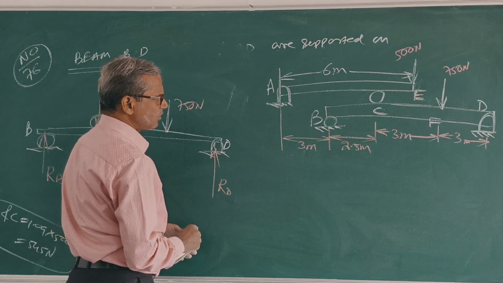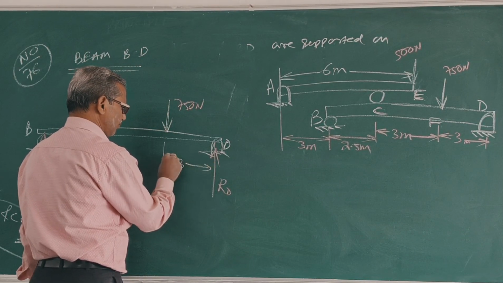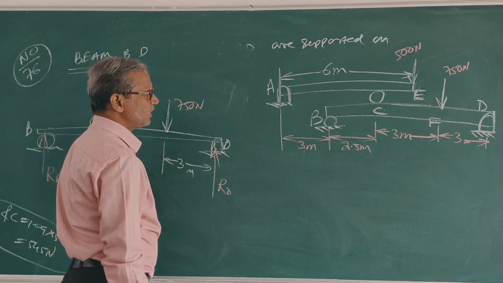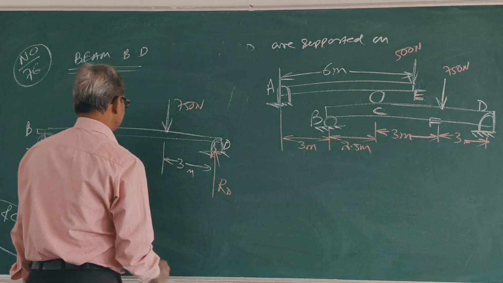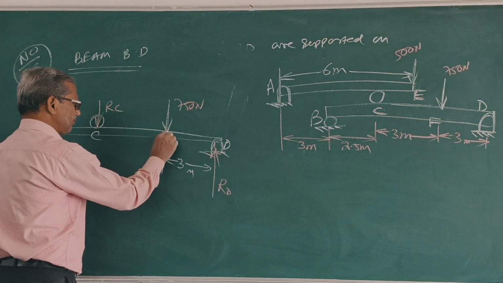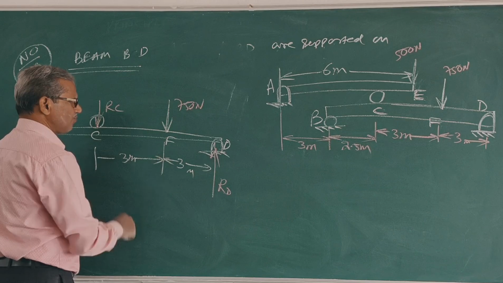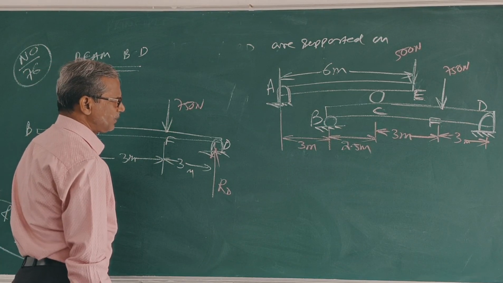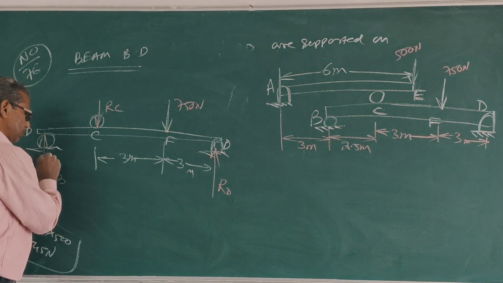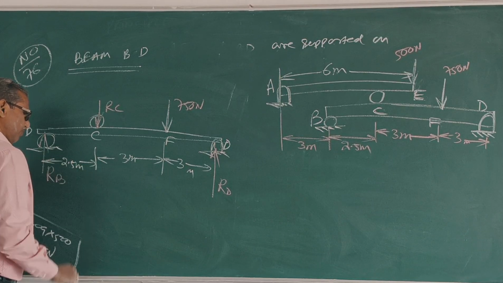So the distance CF is 3 meter and BC is 2.5 meter. Clear?